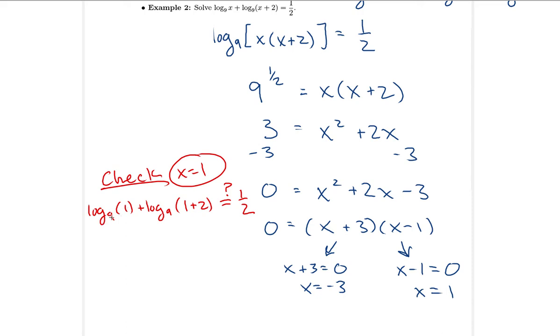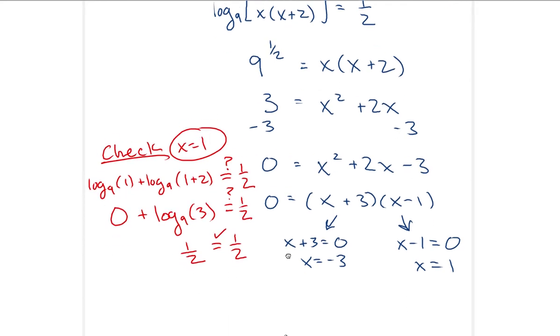Well, you take 9 raised to the 0 power, so this is 0. And then I have log base 9 of 3. Does that equal 1/2? Right, but the log base 9 of 3, I raise 9 to the 1/2 to make 3. So x = 1 checks out, no problem.